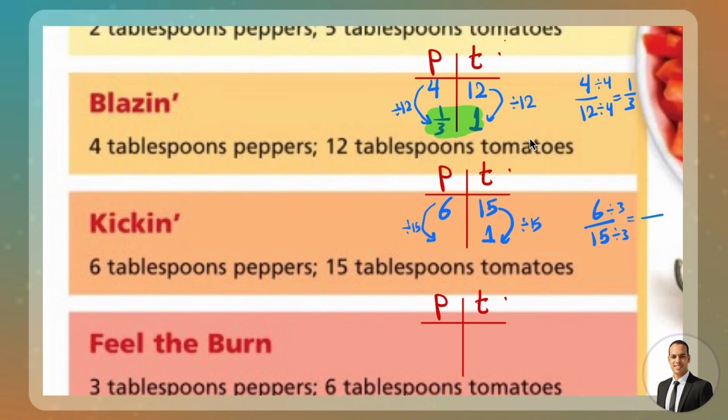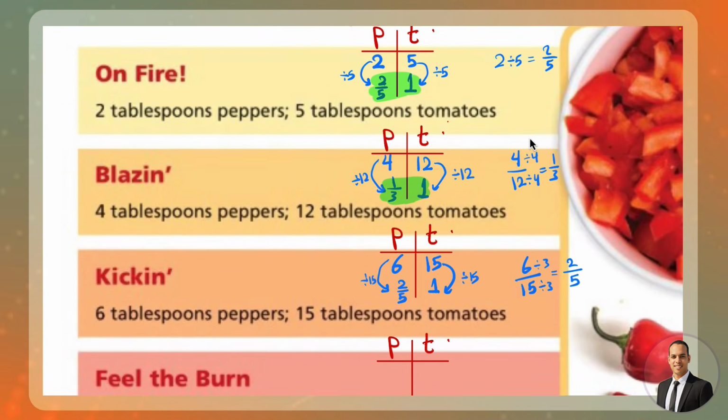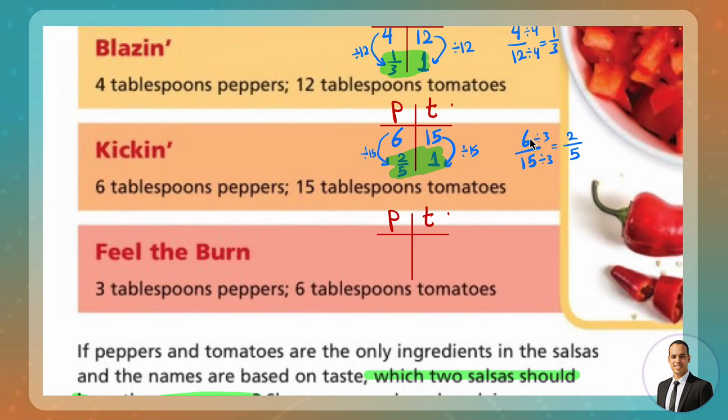So 6 divided by 3 is 2. 15 divided by 3 is 5. So it's 2/5. Oh, so 2/5 tablespoon pepper on 1 tablespoon tomatoes. It seems like it's the same as On Fire, guys. So On Fire and Kicking have the same amount of pepper on the 1 tablespoon tomatoes, so they should be named the same.